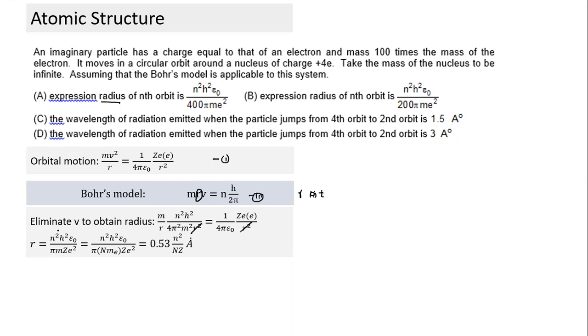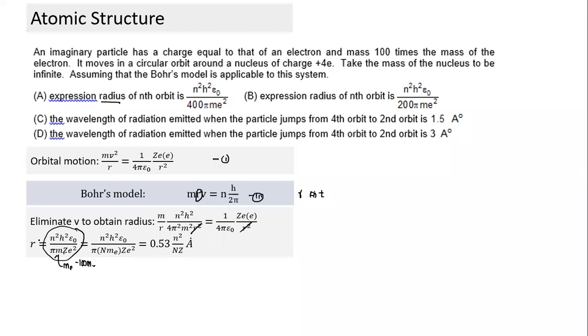If you compare this R, the only thing different in this expression is, if we take a hydrogen atom, this M is equal to Me. Now, in this case, this term is 100 Me in the denominator, compared to a normal hydrogen atom. So this term is divided by 100.